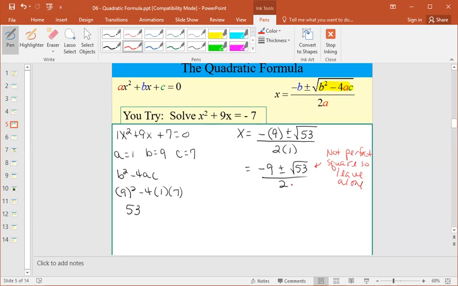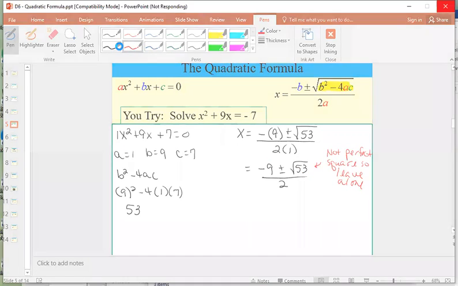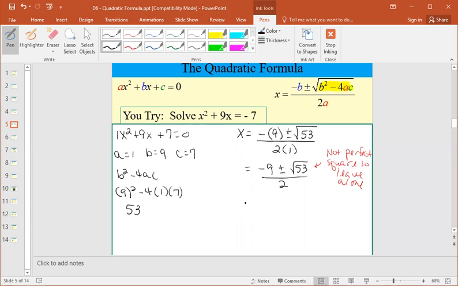Later we'll get into simplifying that, but right now, if it's not a perfect square, just leave it alone. So this gives me -9 plus the square root of 53 divided by 2, and -9 minus the square root of 53 divided by 2. Those are my two answers, and I would not simplify them any further. I would just stop right there.